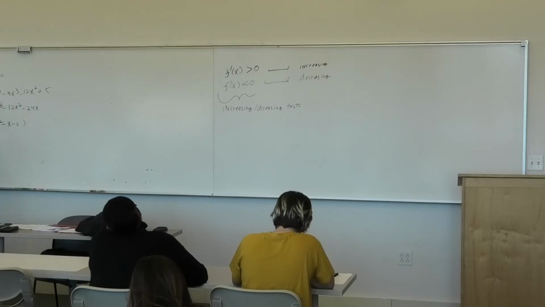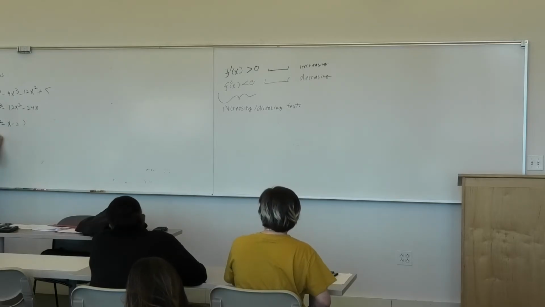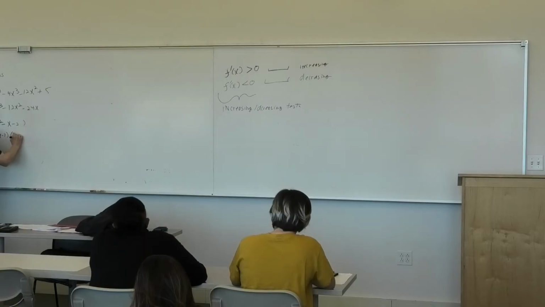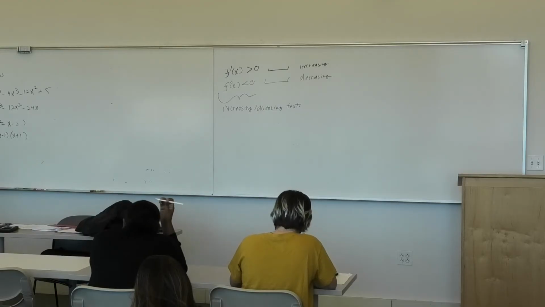And that's 12x times x minus 1 times x plus 1. Okay, that's the derivative.